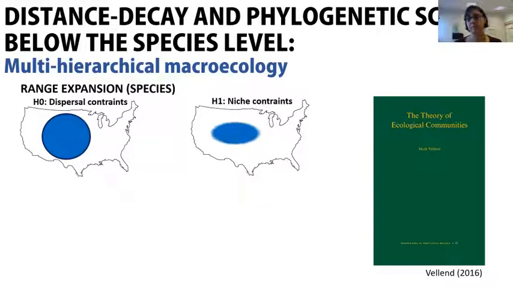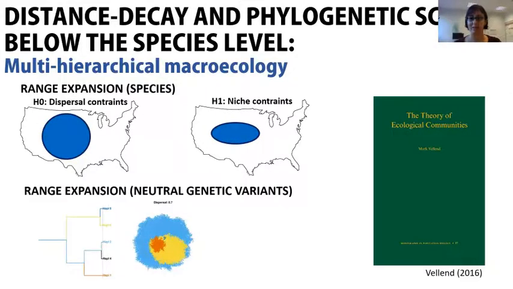In that case, we will not expect a circle, we will expect something different, an ellipse, because the range will be limited. And as we are talking about large-scale patterns, and the climate is structured in latitudinal bands, at this scale we will see ellipses following these climatic bands.